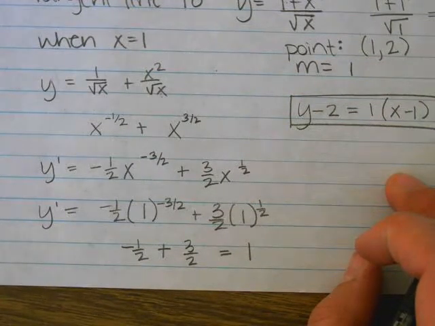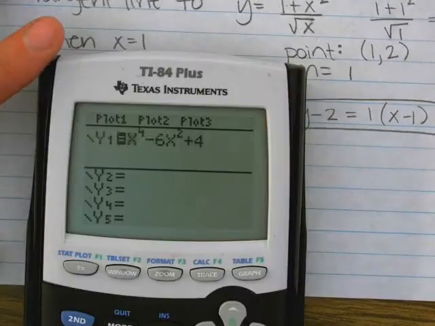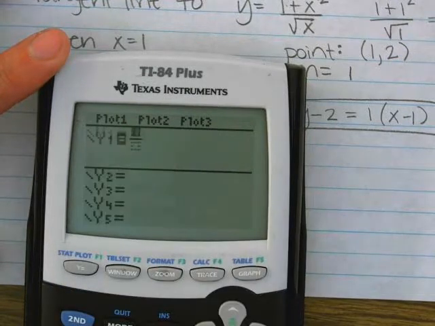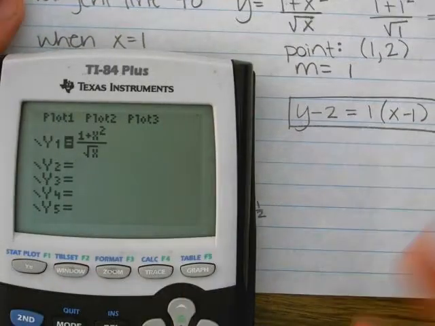Okay, let's go ahead and check that answer, because it should show up, right? If we did it right, it should show up. So let's go ahead and take our calculators. For y1, I'm going to go ahead and graph the original function. And then for y2, I'm going to get my y alone just by adding 2 to the other side.